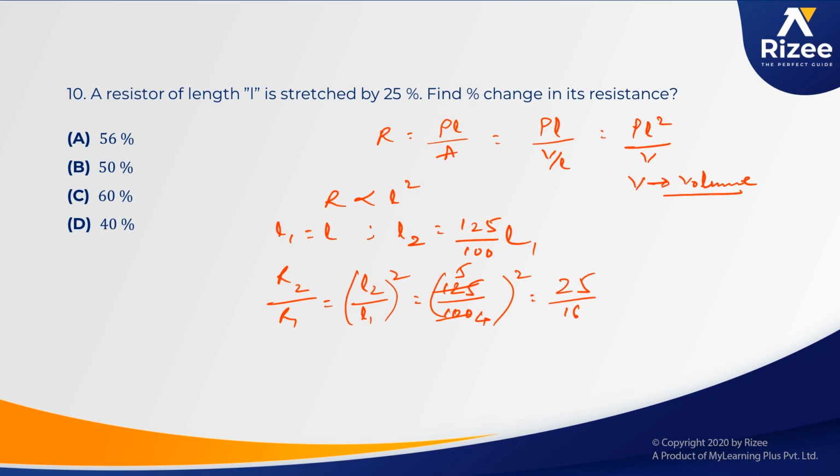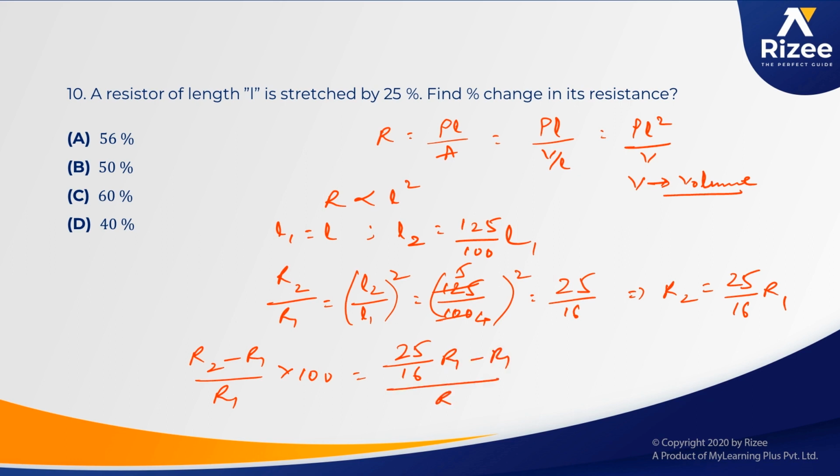So your R2 is equal to 25 by 16 times R1. Substitute this and find out the percentage change, that is R2 minus R1 by R1 into 100, which is 25 by 16 R1 minus R1 by R1 into 100. So this should come out to be somewhere around 56%. This should be your answer for this case.